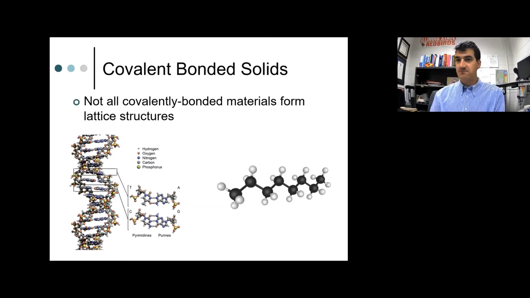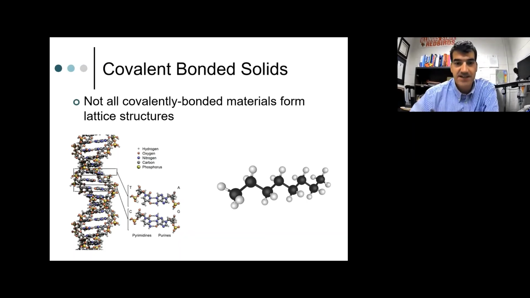This is octane, the most common constituent of gasoline. Gasoline is actually a mixture of lots of different hydrocarbons, but the most common one has 8 carbons. In your gasoline, you're going to have hydrocarbons of lots of different lengths: 6, 7, 8, 9, 10, 11, 12 carbons, lots of different chain lengths.